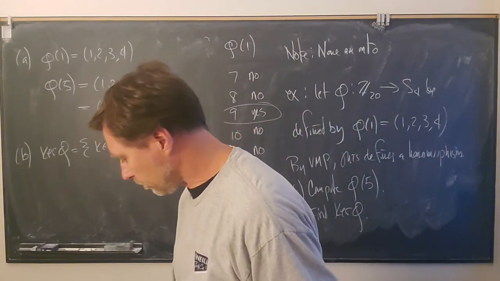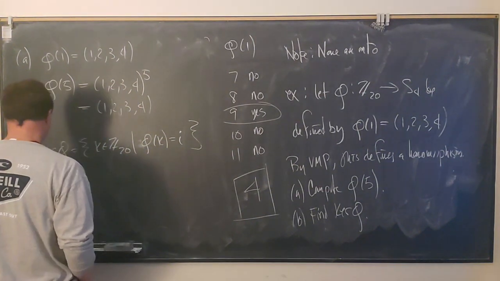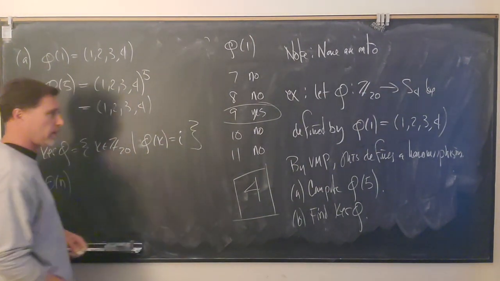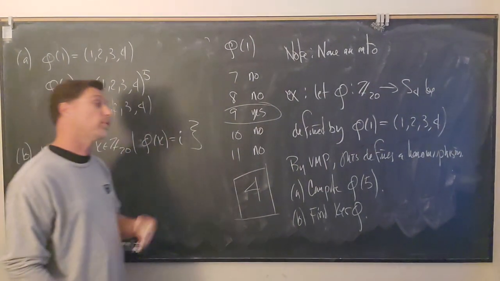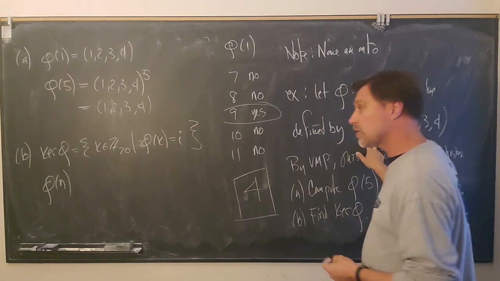Now, we need our formula for phi of n. If we take something from Z20 and plug it into phi, we can figure out exactly what it is from this formula right here.